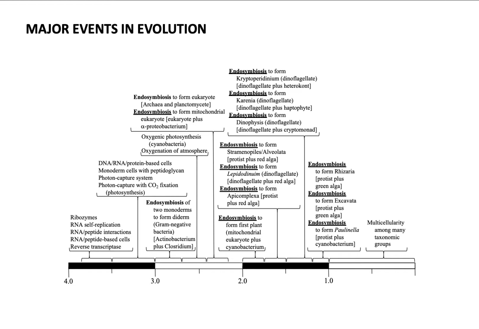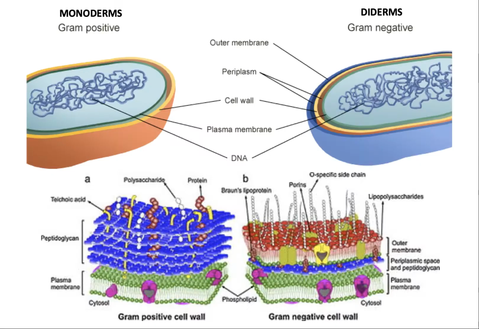That's sort of the end of those two independent organisms. So the first event that appears to have happened is the formation of the diderms, the gram-negative bacteria, and it happened probably 3 billion years or so ago. So you have monoderms that have a single plasma membrane and then a peptidoglycan layer, although there are a few without that. And then gram-negatives have two membranes, an outer membrane and an inner membrane, and they vary in their composition.